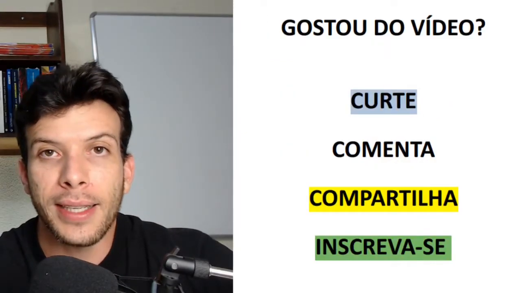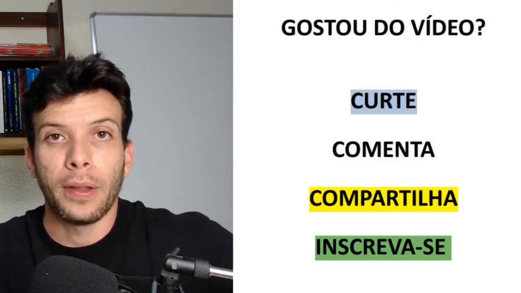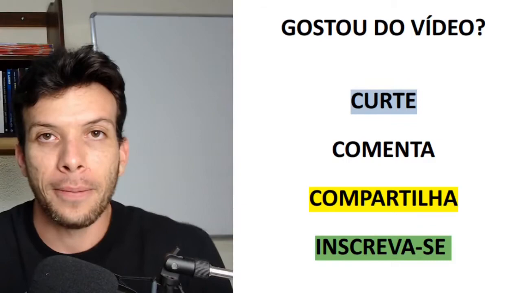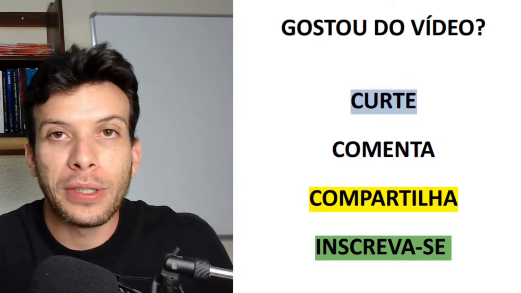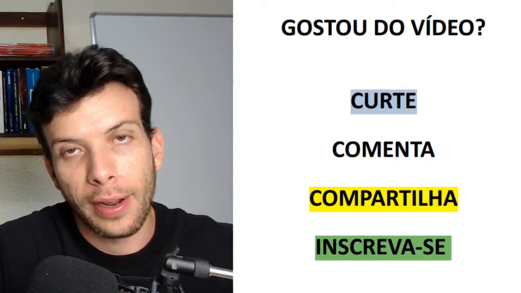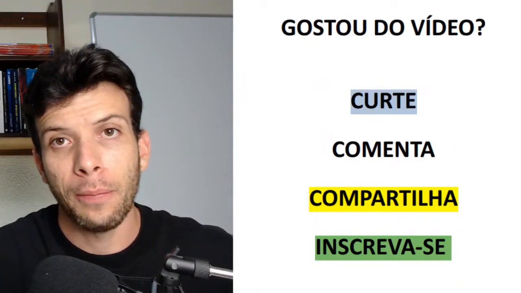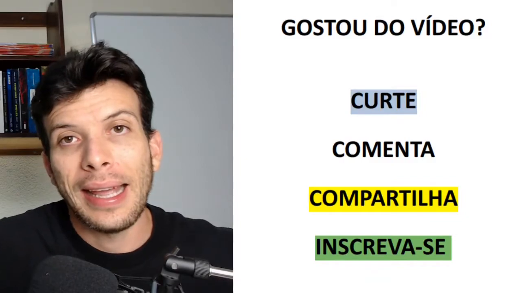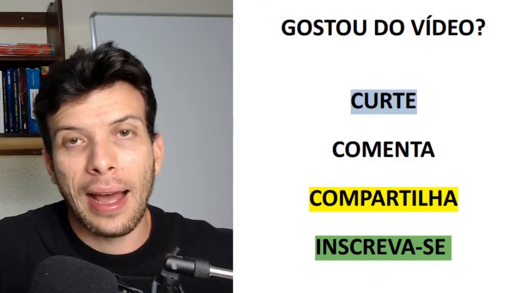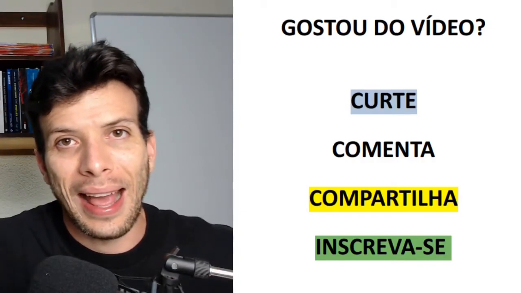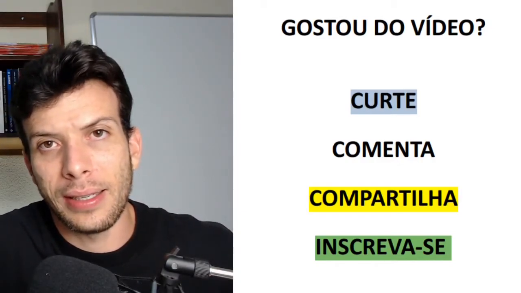So that's it. Summing up, I am going to use the pronoun lhe when I have the preposition para or a, they are the same in this case, para, a, plus ele, ela, você, eles, elas, vocês.